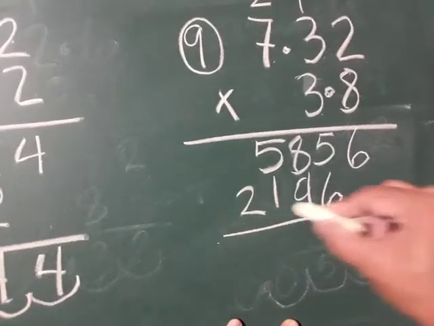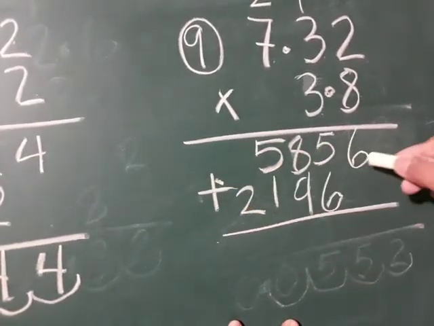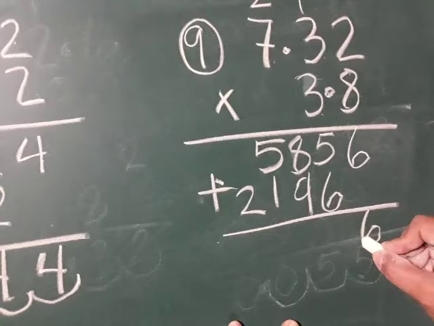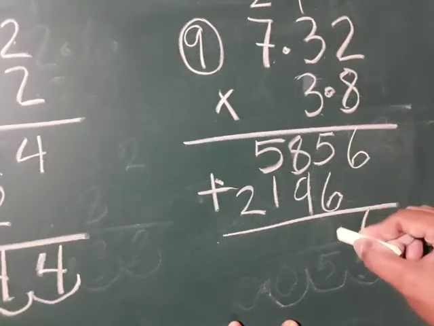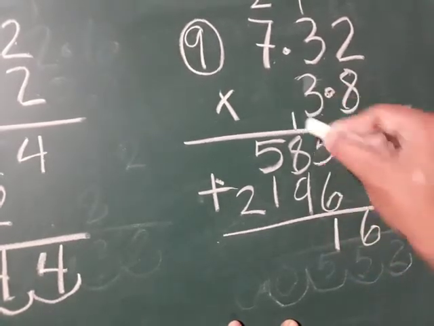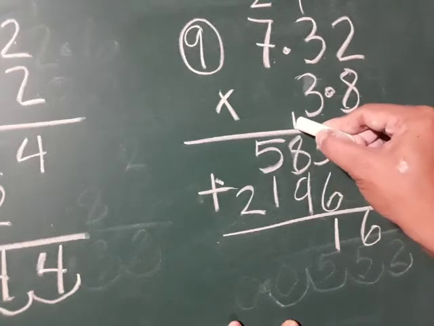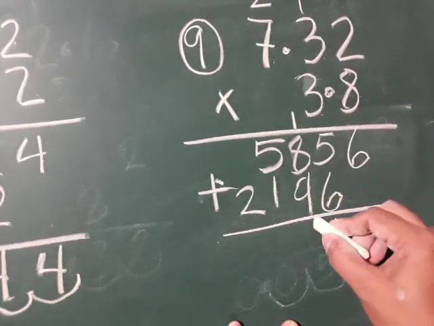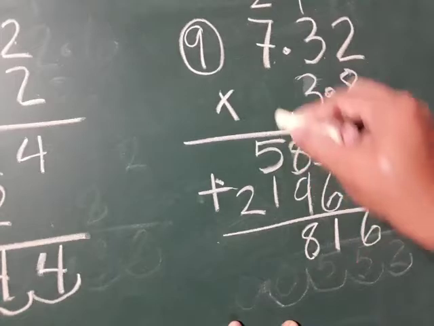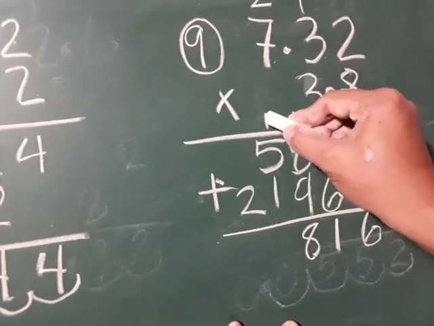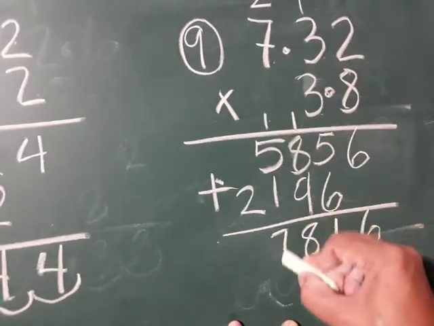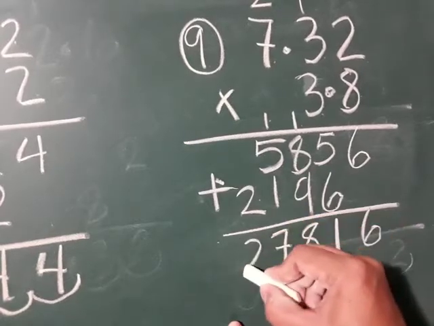Put a line and then add. So bring down 6. 5 plus 6 is equal to 11. Carry 1. 8 plus 1 is equal to 9. Plus 9 is equal to 18. Carry 1. 5 plus 1, 6 plus 1, 7. And then bring down 2.